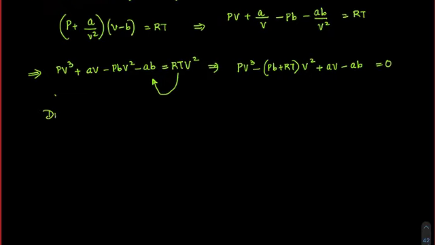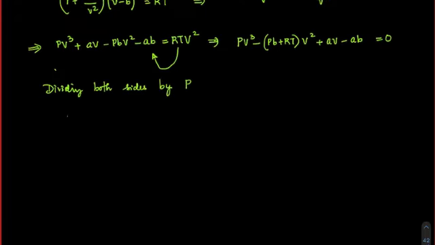Dividing both sides by P, I will get V cube minus (b plus RT by P) into V square plus a by P into V minus ab by P equal to 0.